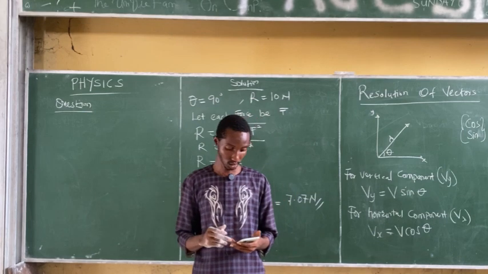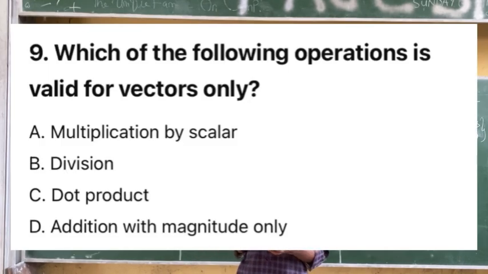Question 9 says, which of the following operations is valid for vectors only? Option A, multiplication of scalars. Option B, division. Option C, dot product. And option D, addition with magnitudes only.